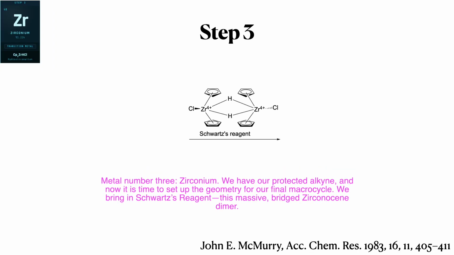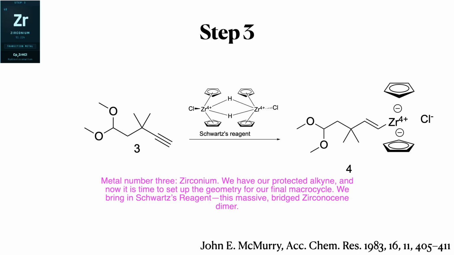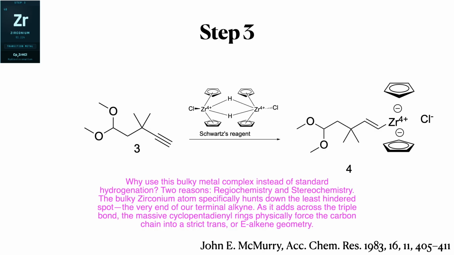Metal number 3, zirconium. We have our protected alkyne, and now it is time to set up geometry for our final macrocycle. We bring in Schwartz reagent. This massive bridged zirconium diamond. Why use this bulky metal complex instead of standard hydrogenation? 2 reasons: regiochemistry and stereochemistry. The bulky zirconium atom specifically hunts down the least hindered spot, the very end of our terminal alkyne, as it adds across the triple bond.